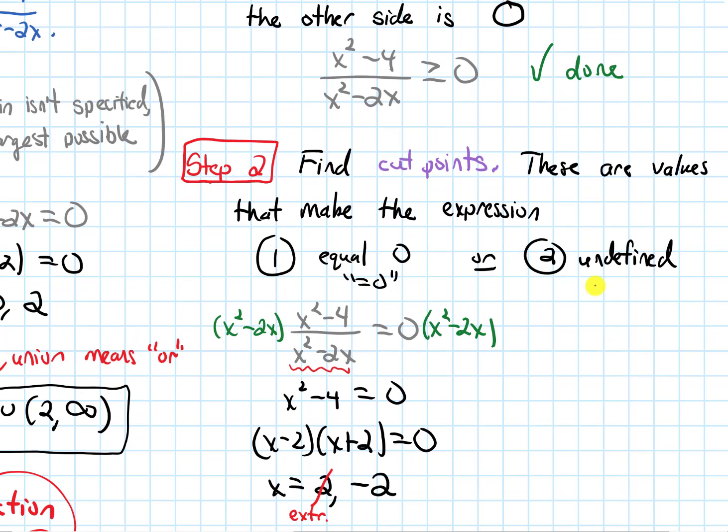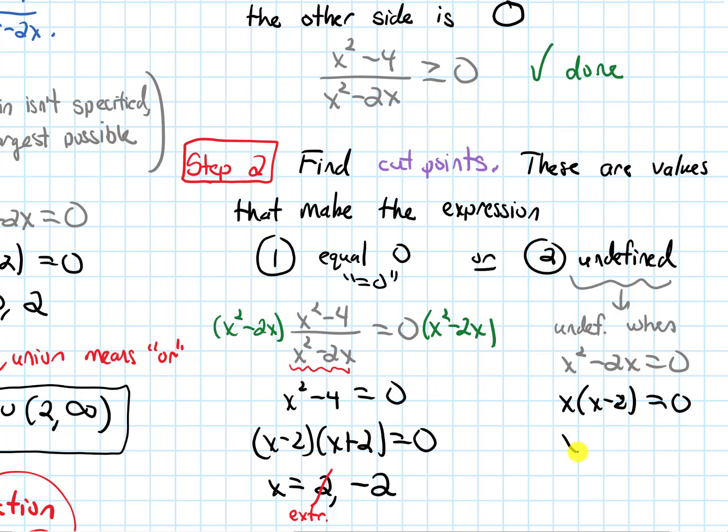Now let's figure out when our expression is undefined. It's going to be undefined when the denominator is 0. Undefined when x squared minus 2x equals 0. So let's factor this. We get x times x minus 2 equals 0. And I get x is either 0 or 2.